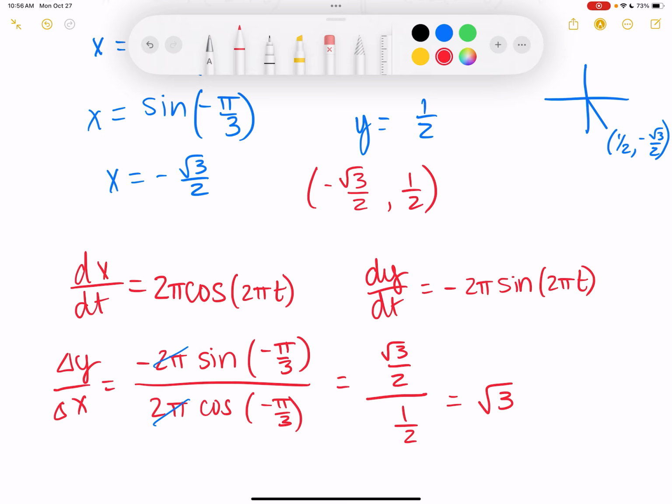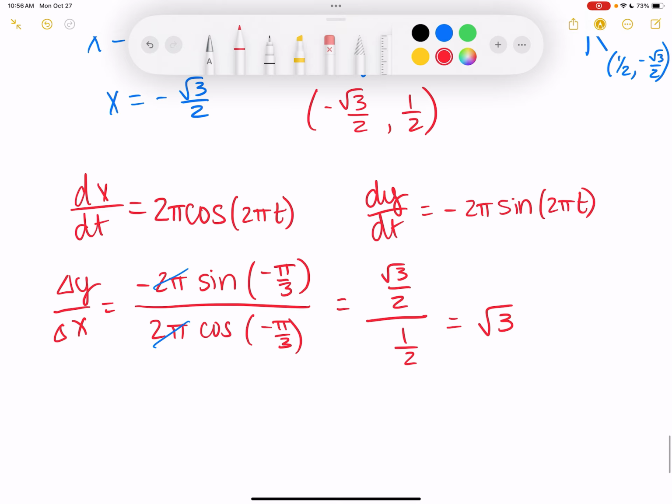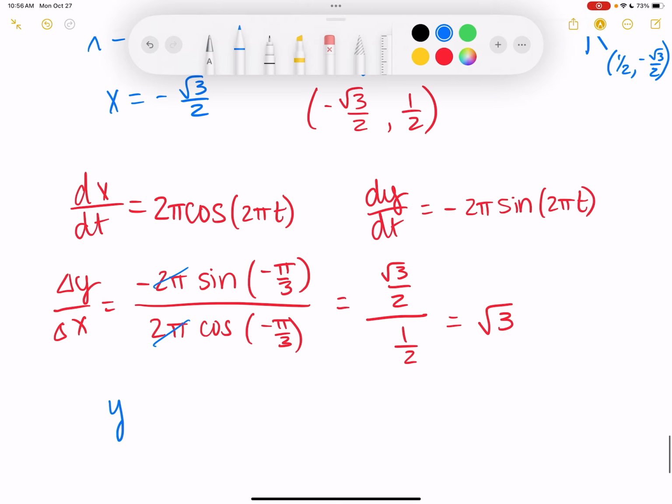And then just need to write the equation. So y minus 1/2 equals root 3 times x minus root 3 over 2. Oh, plus. It was minus a negative.